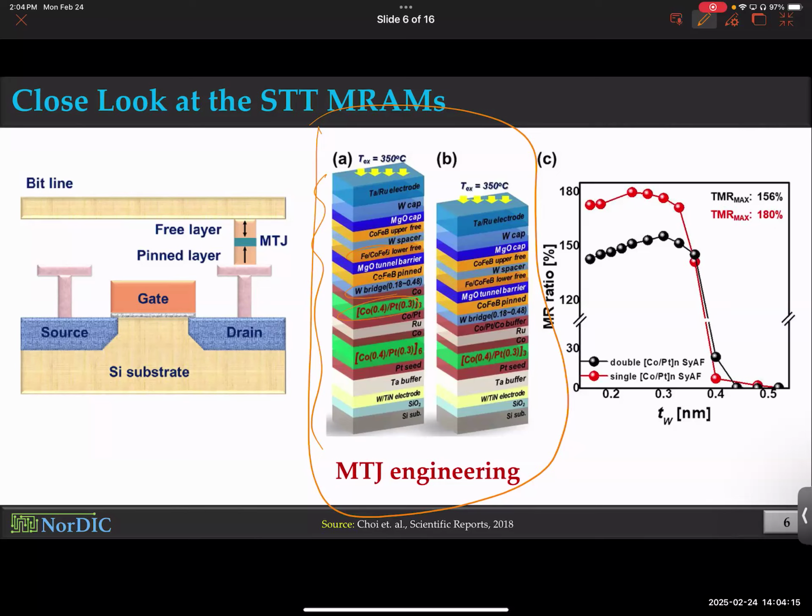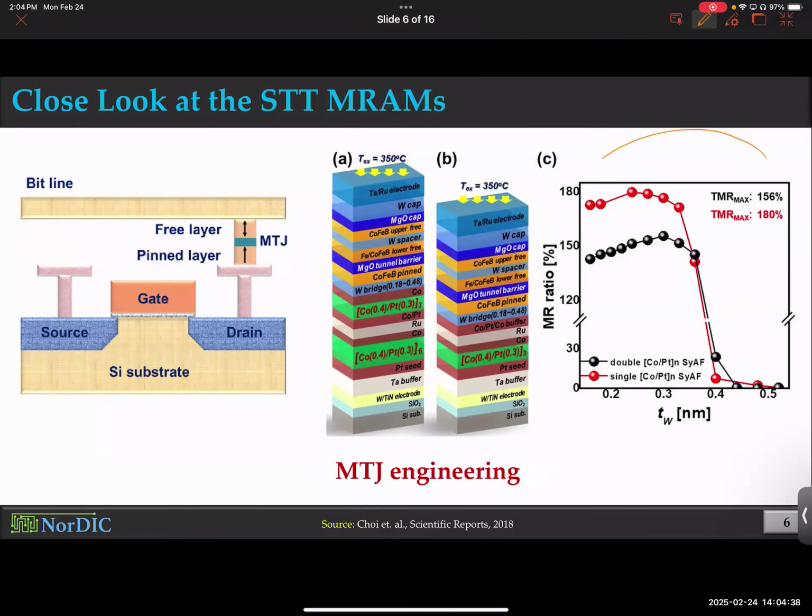So there is reasoning behind each and every layer of material. Oh, you're getting depolarization. Let's do this. You're getting a lot of interfacial states. Let's add this material, which will have a lattice match with the other material, and so on. It's decade-long research that led to this type of decision-making.